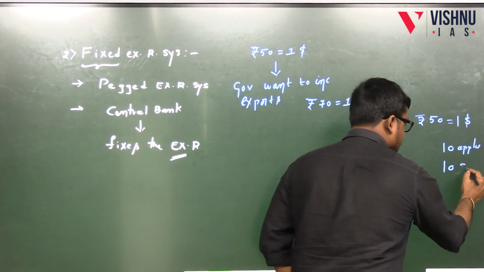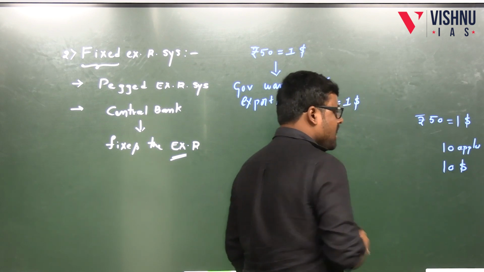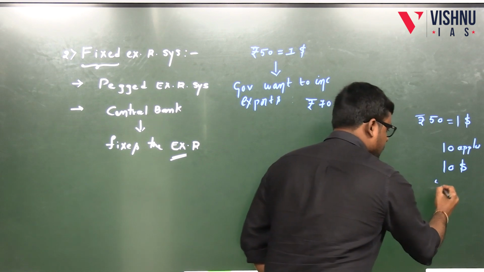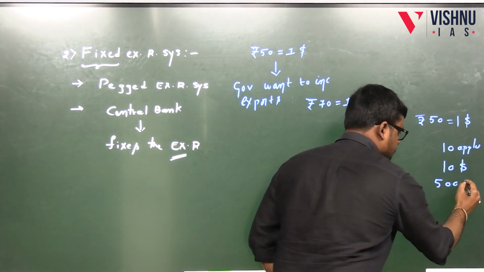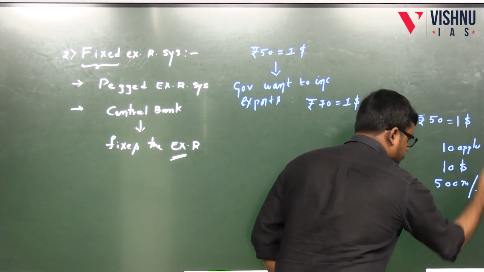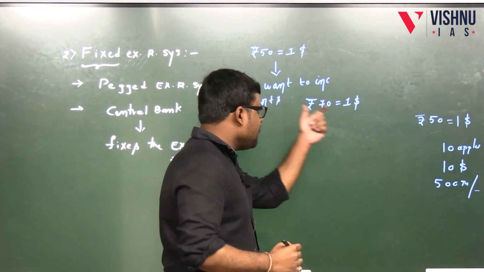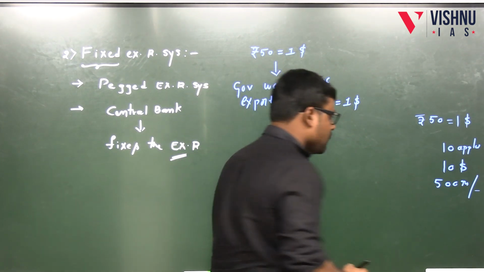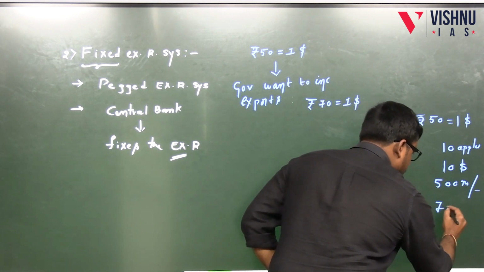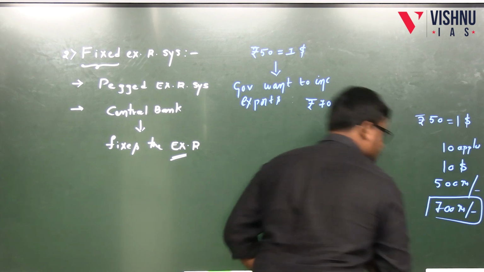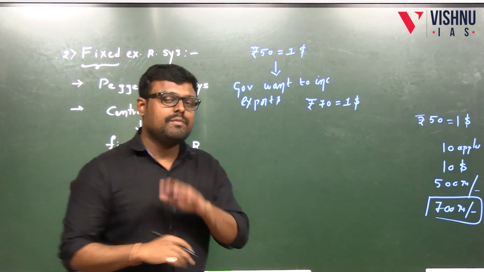Therefore, how much will he get? He will get $10. When he converts this $10 into Indian currency, he is going to put in his pocket a total of 500 rupees. But when the government changes the exchange rate to this, now how much is he going to get? 700 rupees. Yes or no? Yes. So the exporter is going to benefit.